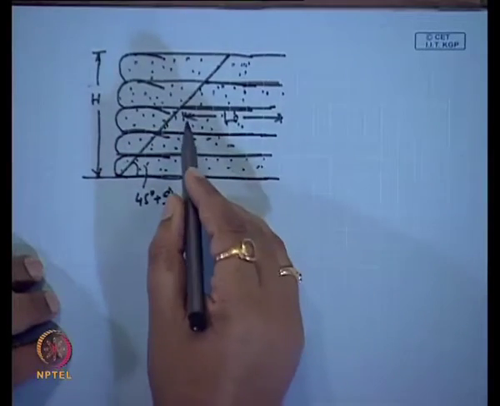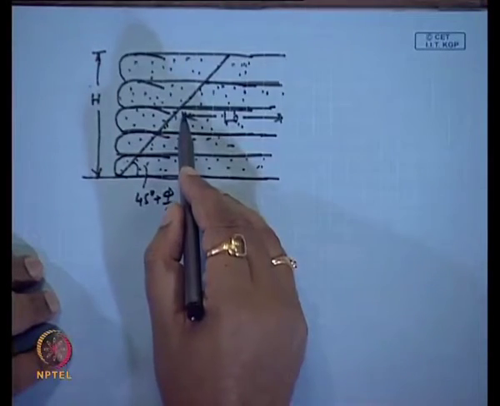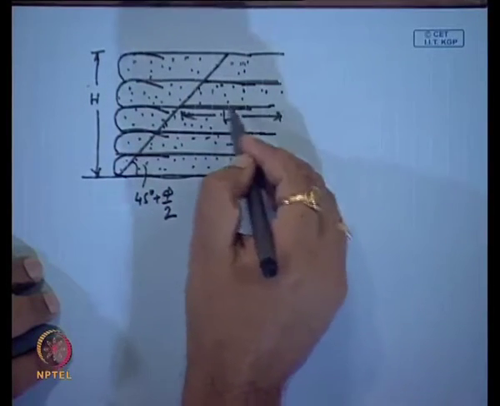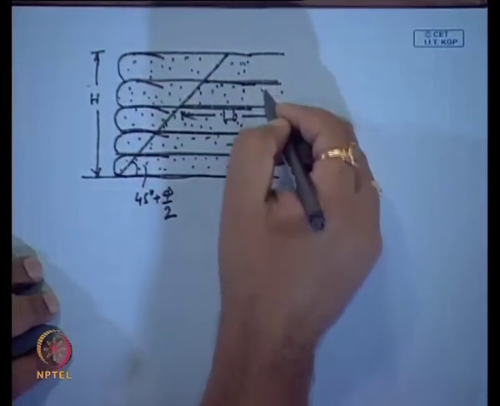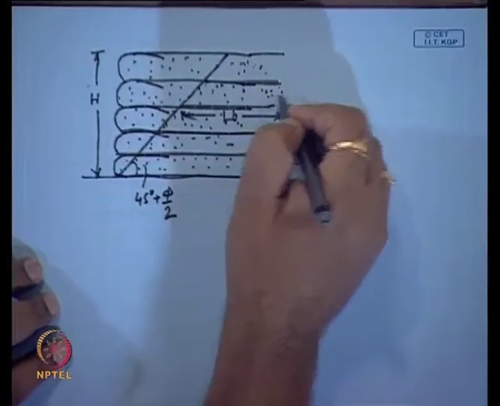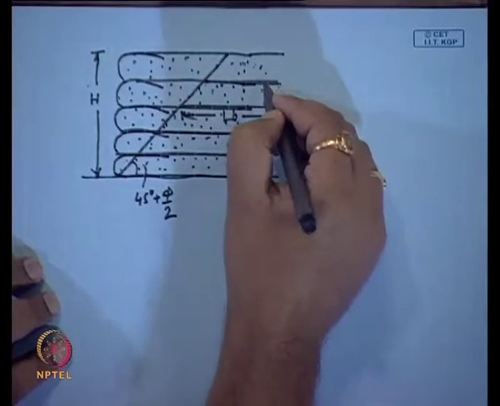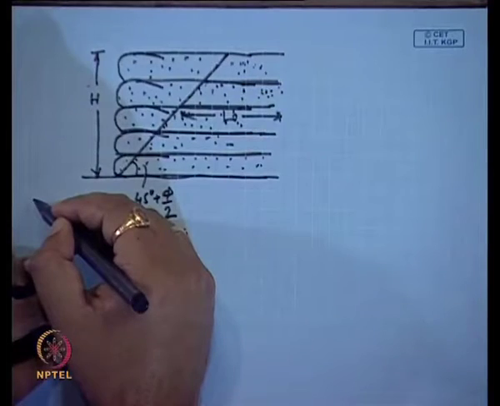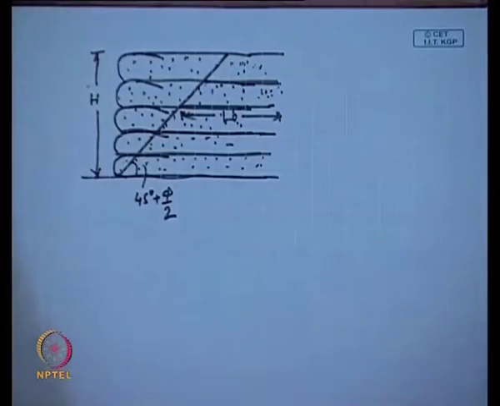Here also we have to provide sufficient length beyond this failure edge, so that the soils on both sides are holding this reinforcement, like the previous case, and then this soil tries to slide.